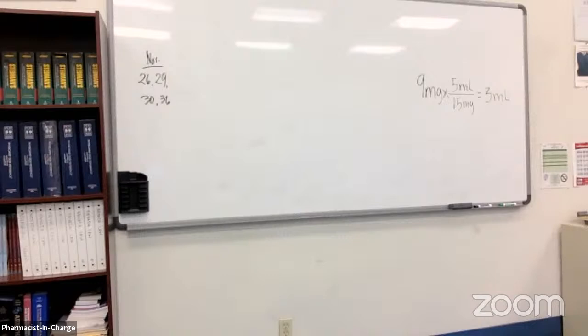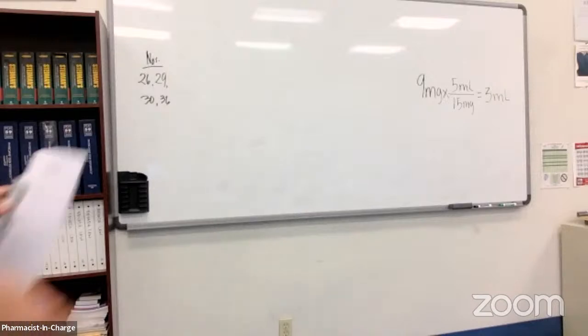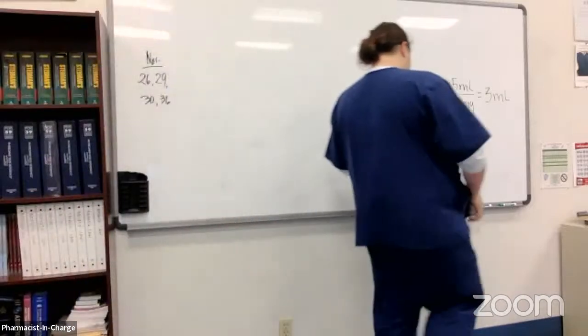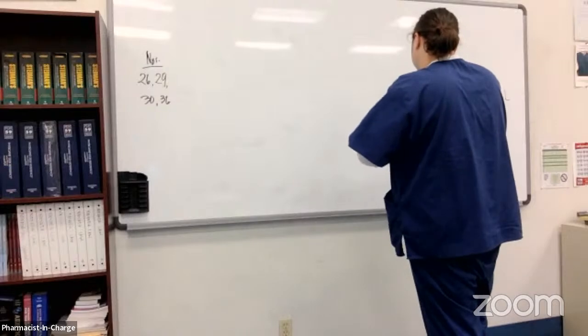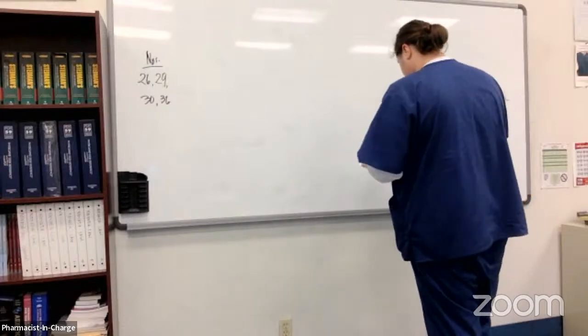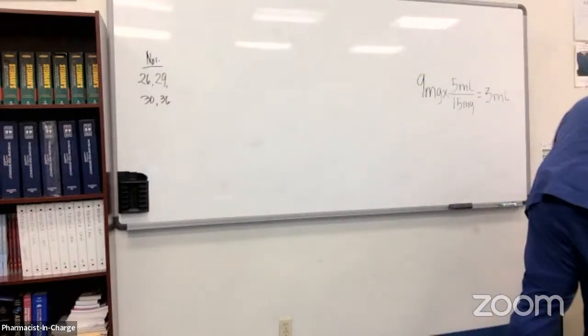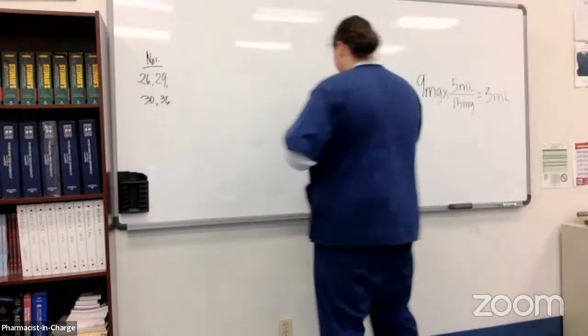Ratio and proportion is what students like to use. I can tell who didn't do it. Okay. I can tell who tried.